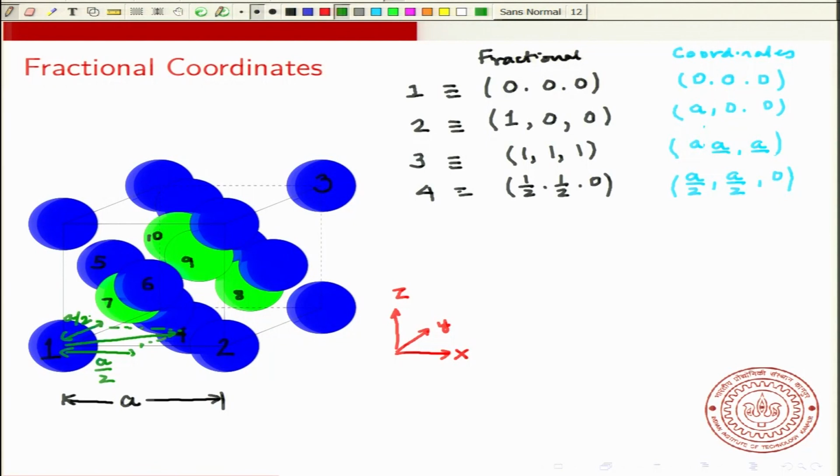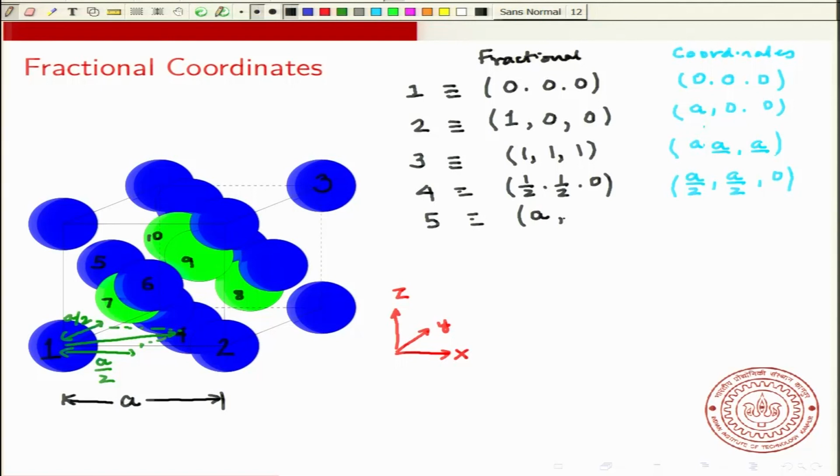So clearly the x and y coordinates are a by 2. Okay. What about atom 5? Now I don't need to tell you too much about this. Clearly its x coordinate is 0 because it is on the side face. So the x coordinate is 0, so its fractional x coordinate will also be 0.